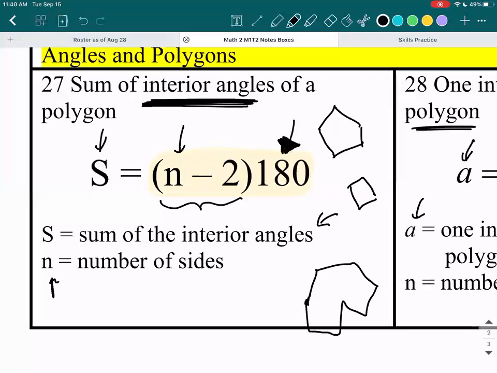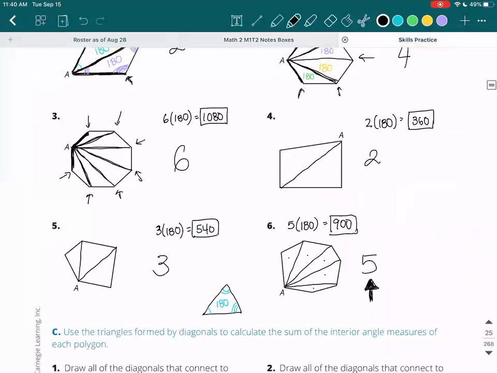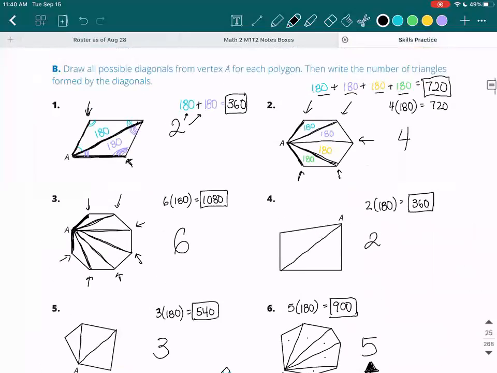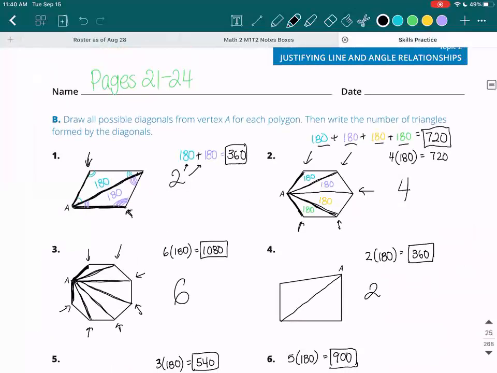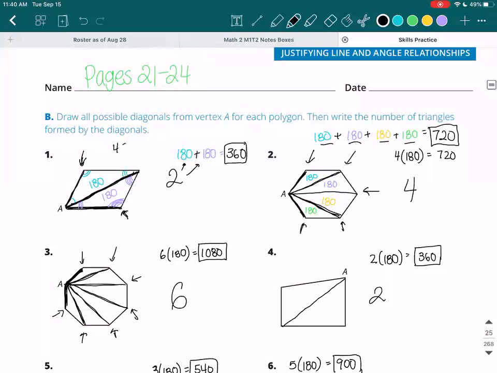Let me show you how that appears in our skills practice that we were just doing. So remember, n is the number of sides. So on our first polygon, we have 4 sides. And that gives us 2 triangles. In our number 2, we have 1, 2, 3, 4, 5, 6 sides. 6 sides gives us 4 triangles.